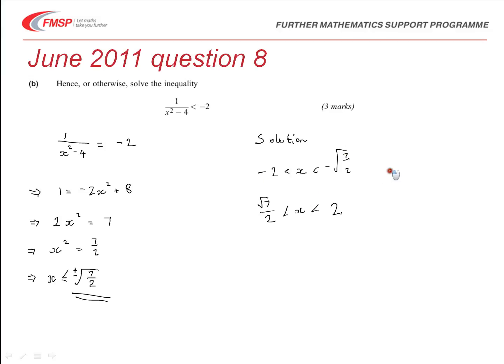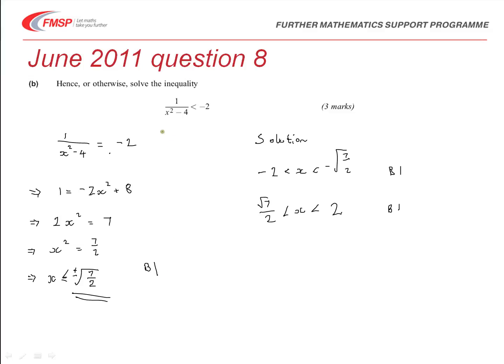For each one of these stated correctly, I'll give you 1 mark, and for obtaining this root 7 over 2, for solving this equation, in other words, that gives you your 3rd mark to that part of the question.